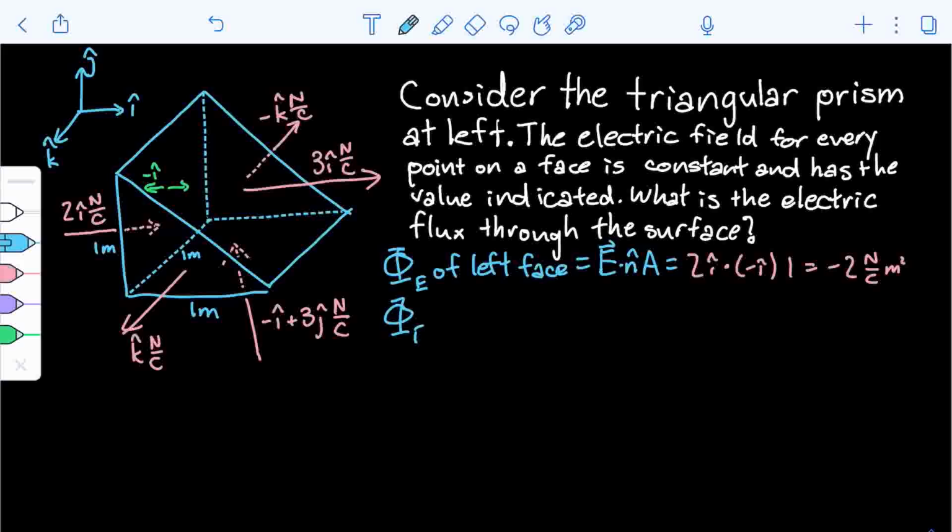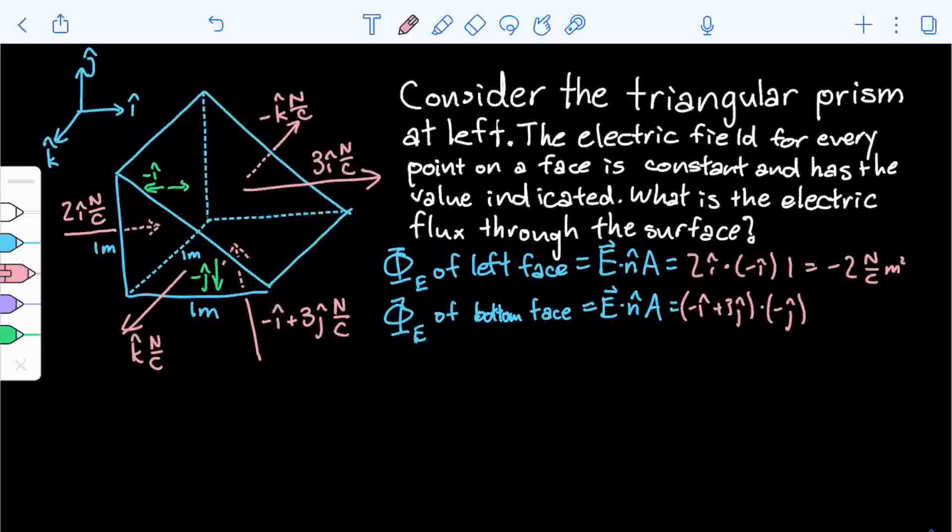Now let's do the flux of the bottom face. This is equal to the electric field dot n hat A. In this case, n hat is negative j hat, and the area is still 1, so this becomes negative i hat plus 3 j hat dot negative j hat times 1, which is equal to negative 3 newtons per coulomb meter squared.